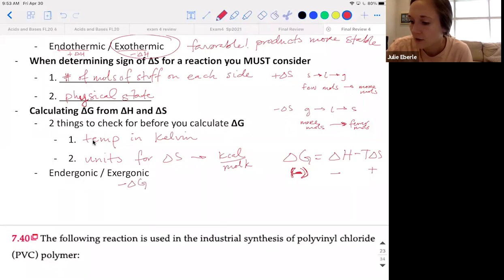Yeah, a negative delta G is exergonic. Positive delta G is endergonic. Now if I have a positive delta H and a negative delta S, I'm always going to get a positive delta G. If I have both positive or both negative, I have to use the equation and calculate what my delta G will be.